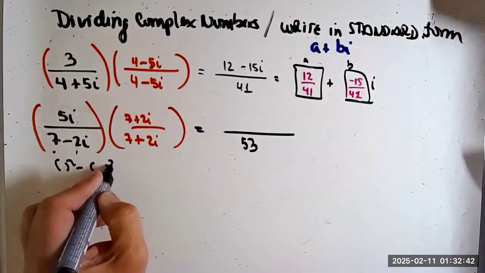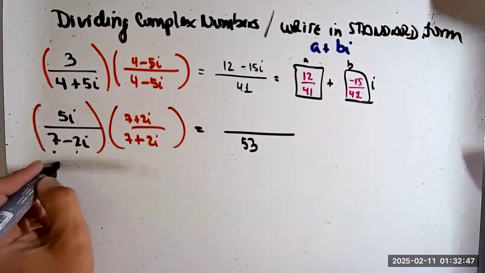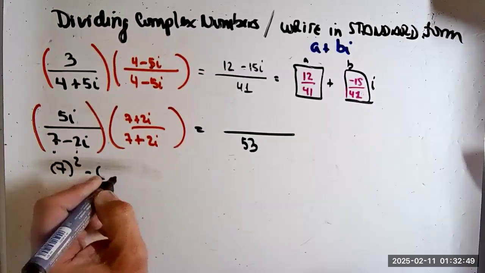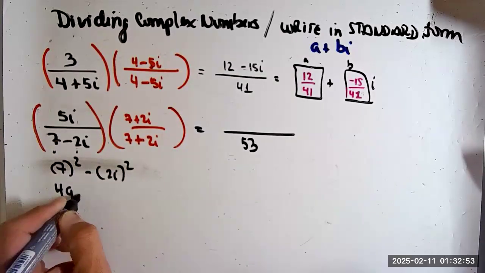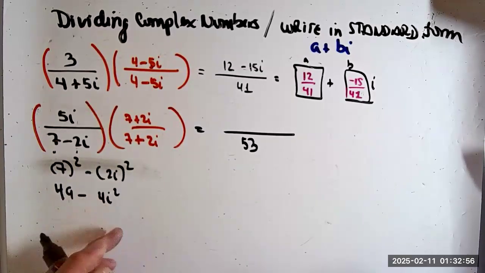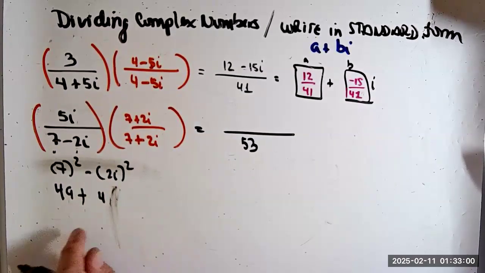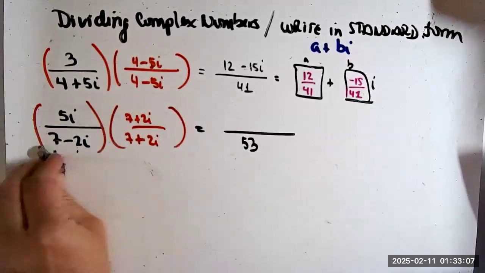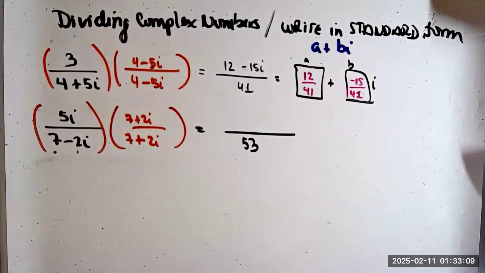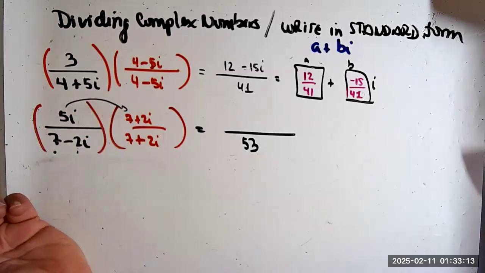Remember, a squared minus b squared. 7 goes on the first one, minus 2i squared, which is 49 minus 4i squared. But i squared makes it positive. 49 plus 4, 53. And we just have to multiply the numerators. So what do I have? 5i times 7.